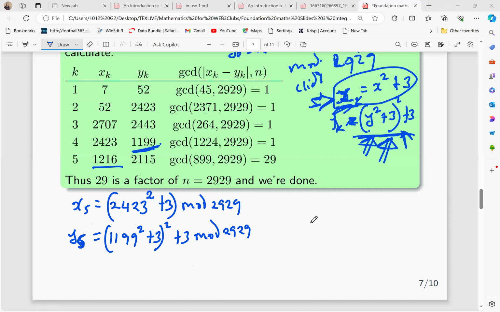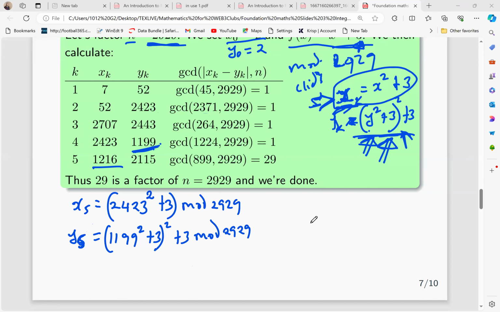It's okay. Now, the number inside the bracket is again big, so we work that one out first. Let's do that. Is a calculator. You have 1199. Square that number. You have 1,437,601. Add 3 to it.